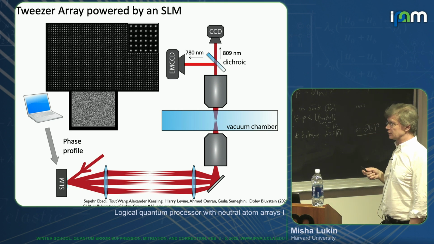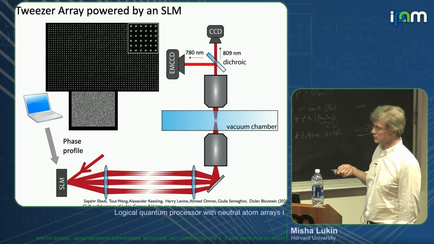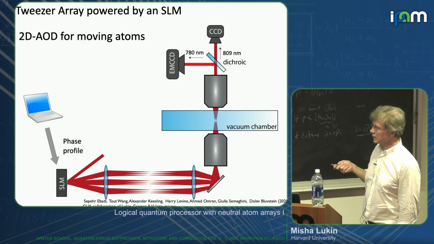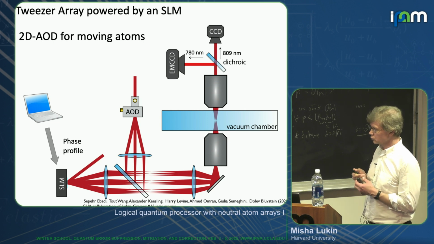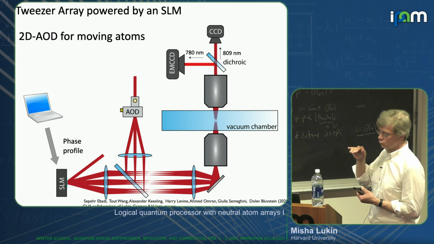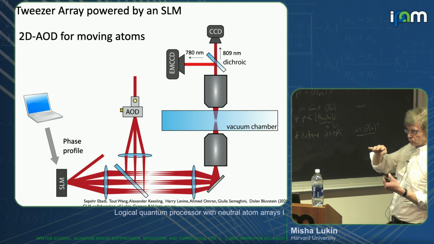And so the only disadvantage here is that this spatial light modulator is relatively slow. So to move atoms around, we actually utilize a second channel, and this channel consists of different types of optical devices called acousto-optic deflectors. So acousto-optic deflectors basically convert radio frequency waves into sound.